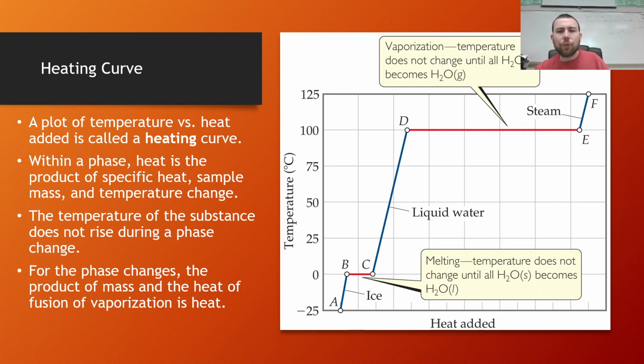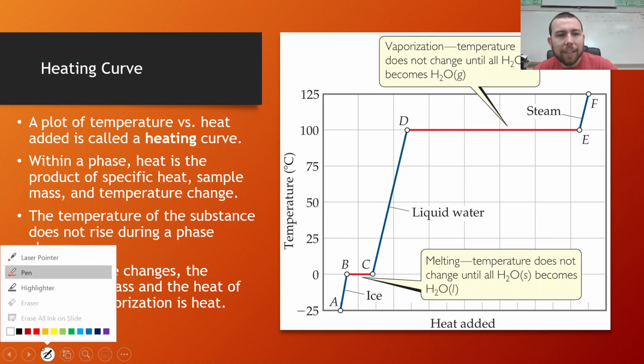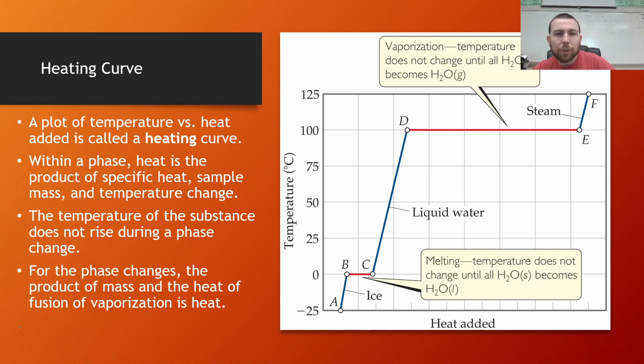And so for each of those segments, the energy calculation, Q, would be based off of Q equals mc delta T. So at AB, it would be Q equals the mass times the specific heat of ice times delta T. So that'd be segment AB.